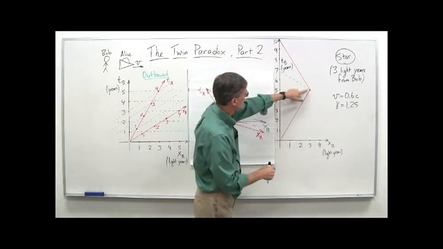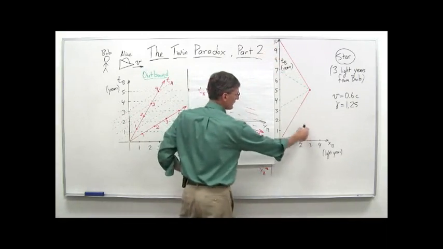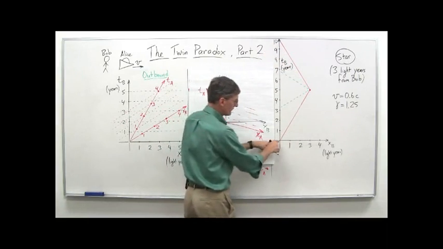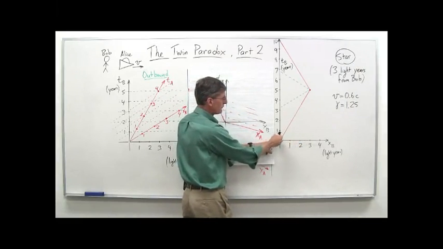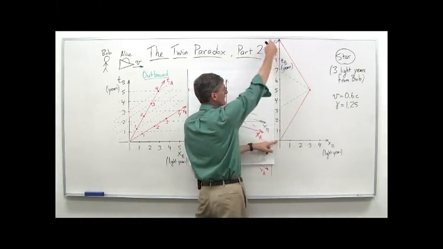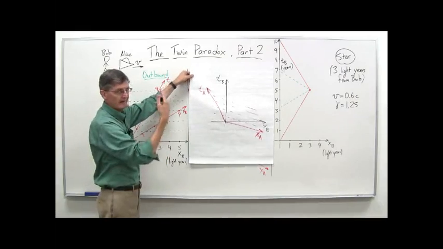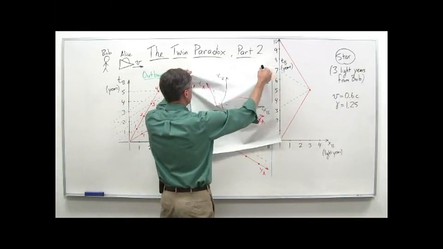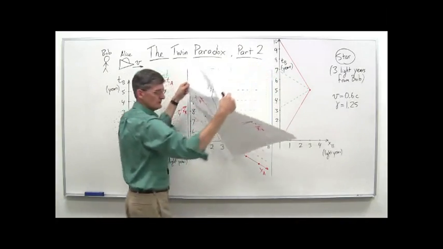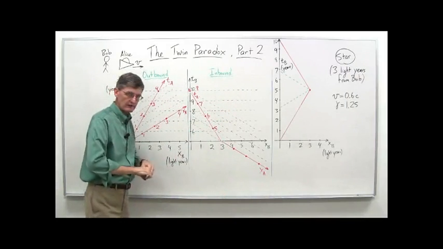So now we're going to look at this part of the trip. Going back from the star, remember everything's really happening on the x-axis here. She goes out to the star, turns around, and comes back again. And this is the world line out, and then the world line back, and ends up at the planet again, if that's where Bob is. Okay, so here's what the inbound trip looks like.